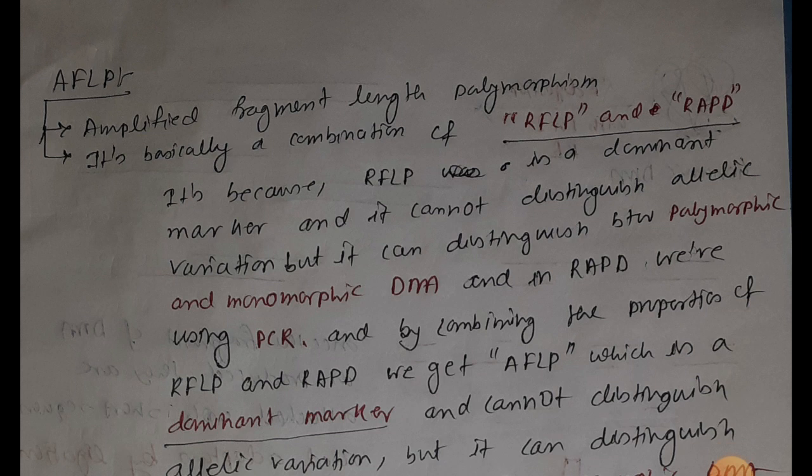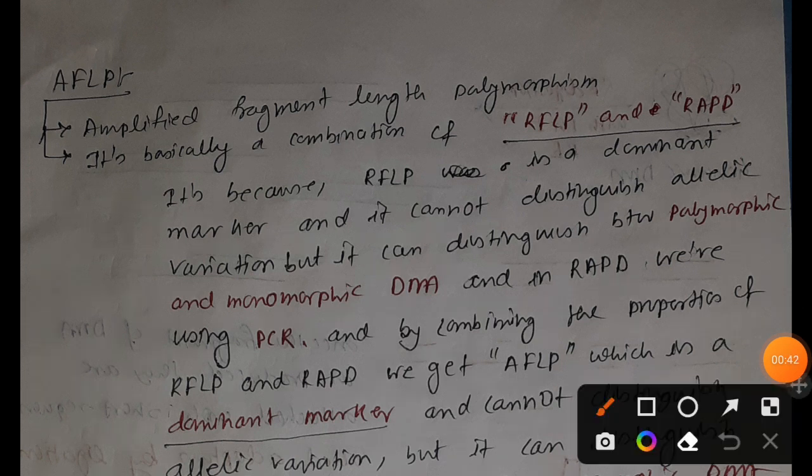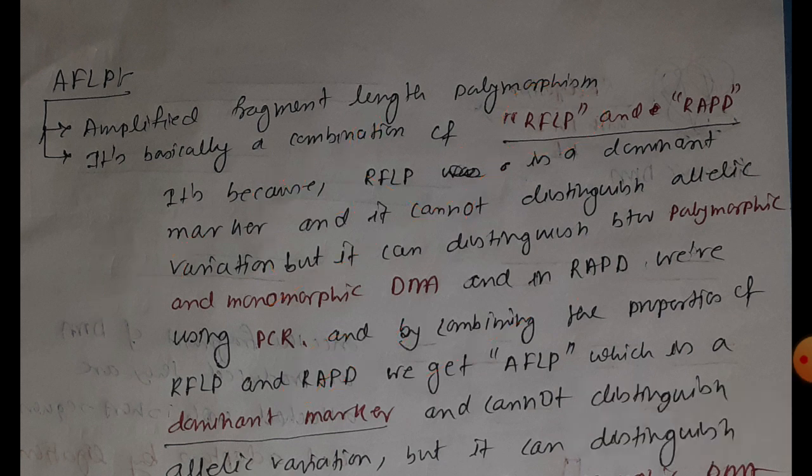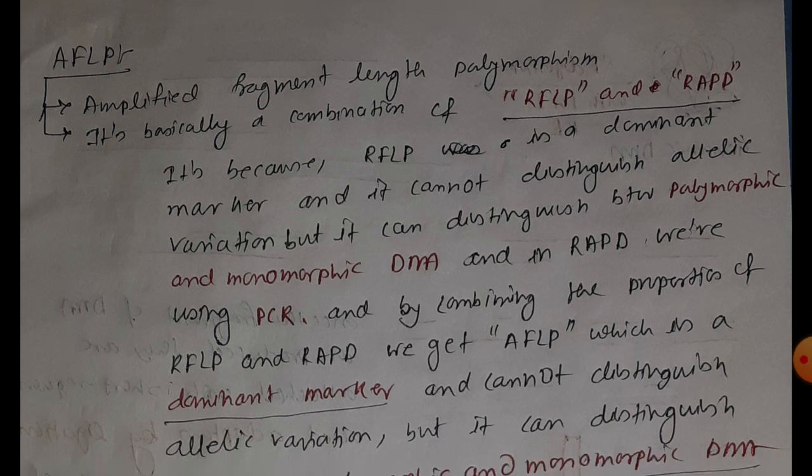And at that time there was no option to amplify it, because RFLP is a marker which was developed in the pre-PCR era. So under such circumstances we have no instrument to amplify it.